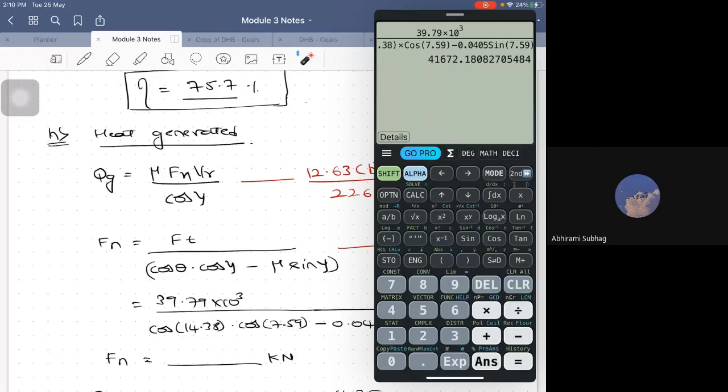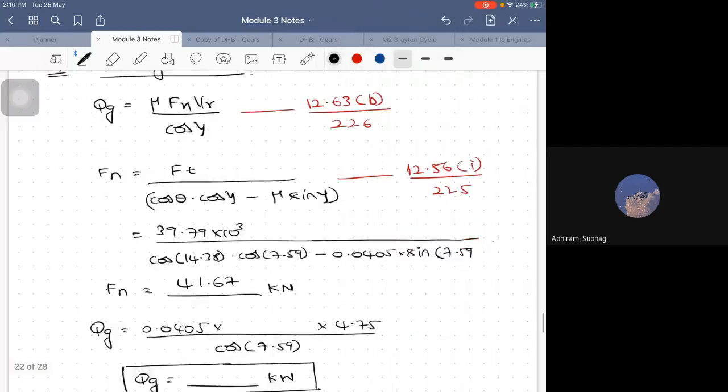Is the value correct? 41.67 kilonewton, correct. So once you have calculated the value of Fn, go with the calculation of Qg.